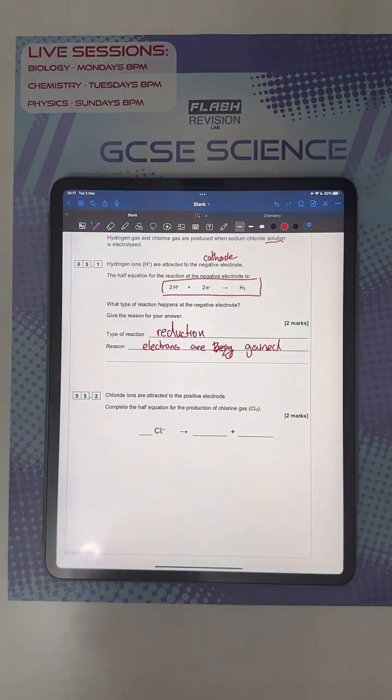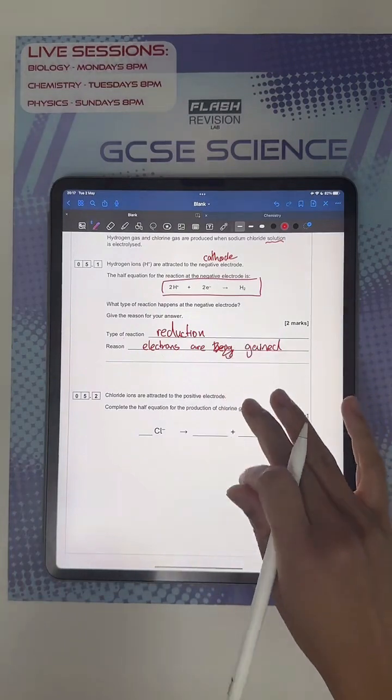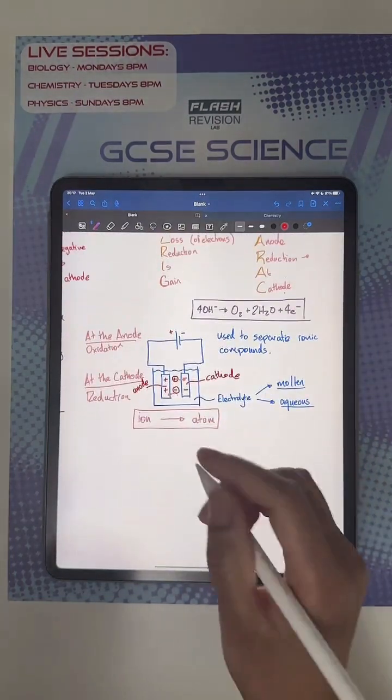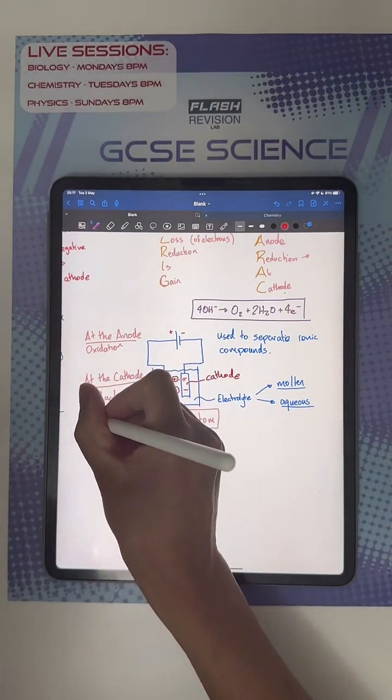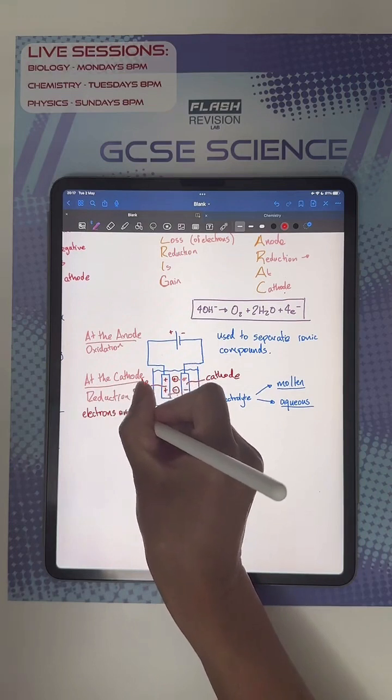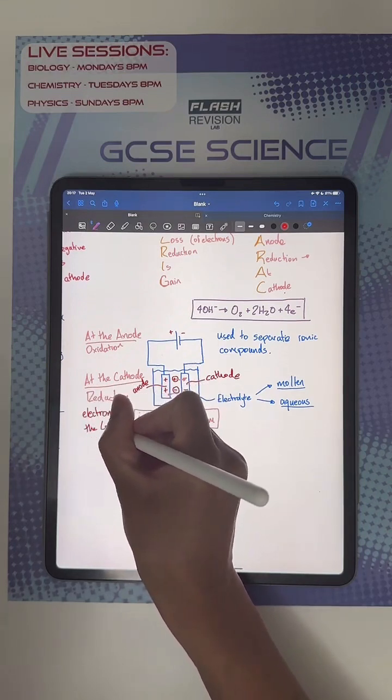All right, complete the half equation for chlorine. So the way to do half equations is, first of all, remember for reduction, electrons are on the left. Let's add that to our notes. So for reduction here, electrons on the left-hand side.